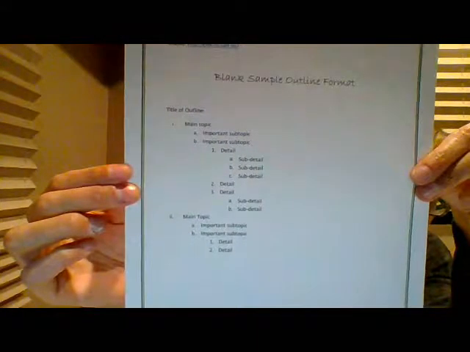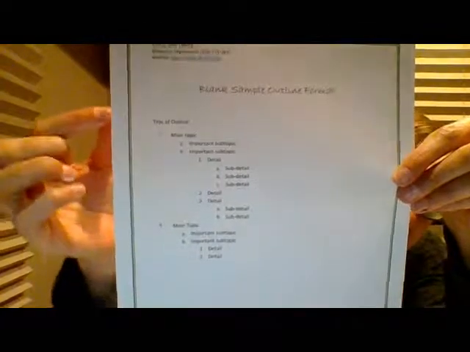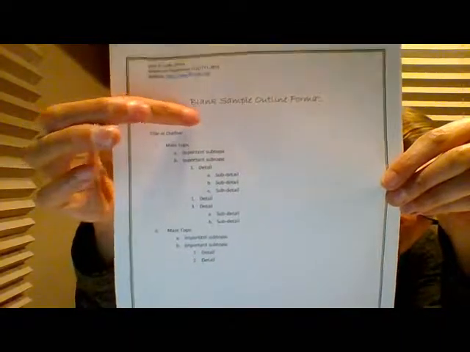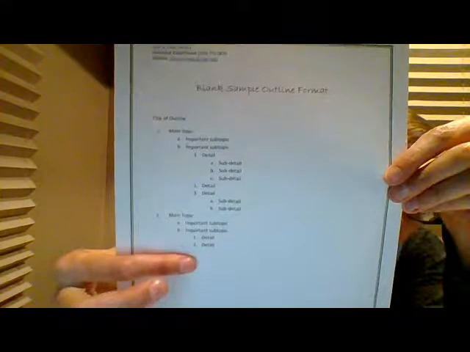And then they also give you this, which is a much more generalized look, and that would be just fine for this class, to have a main topic and thesis statement, and then to have your organized subpoints.